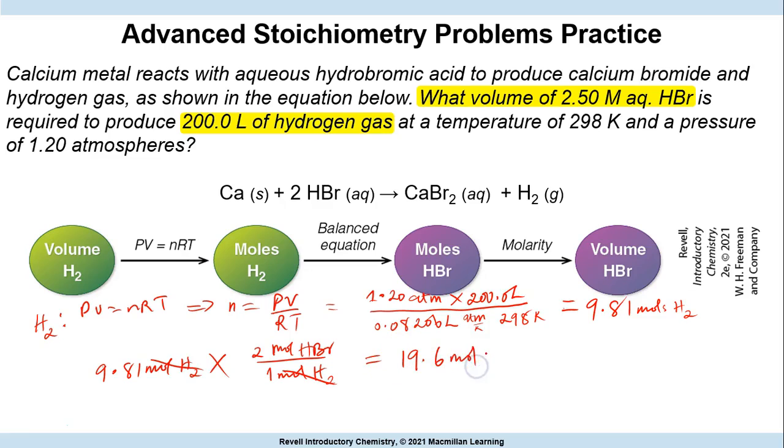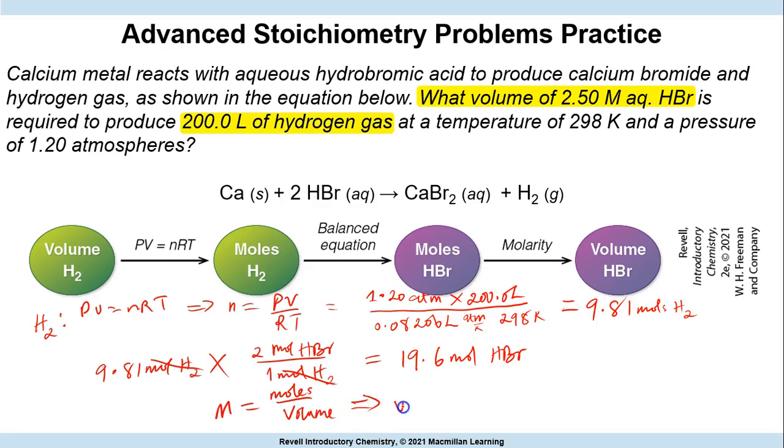moles of hydrobromic acid. Now we have the number of moles of hydrobromic acid, we have the concentration. So remember, molarity is equal to moles over volume. Here we are calculating volume.